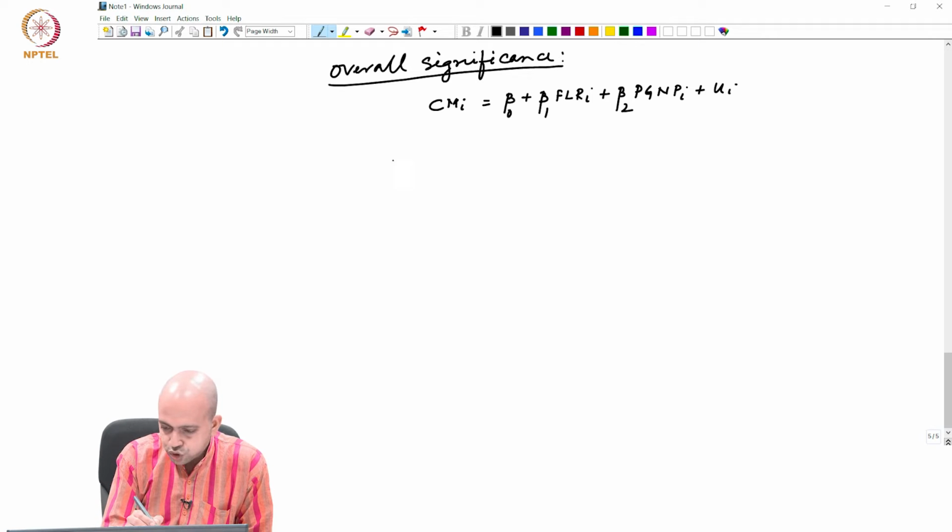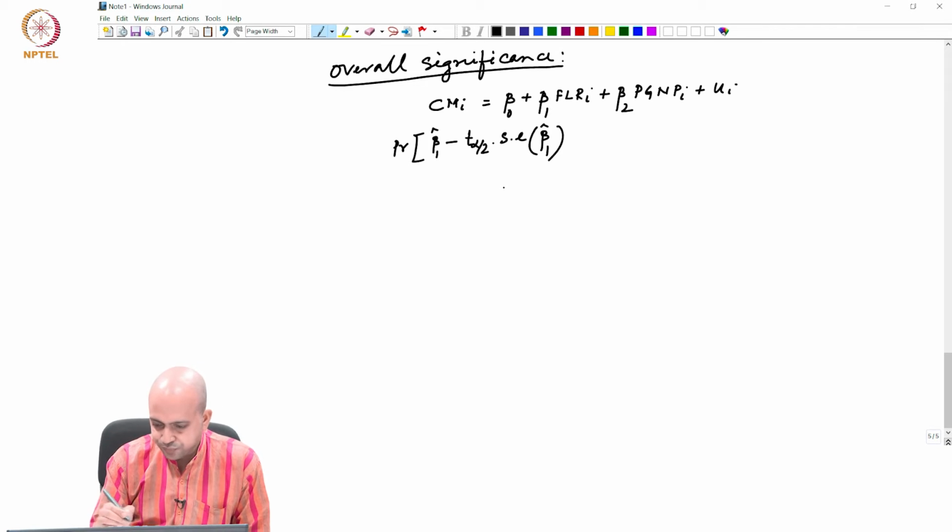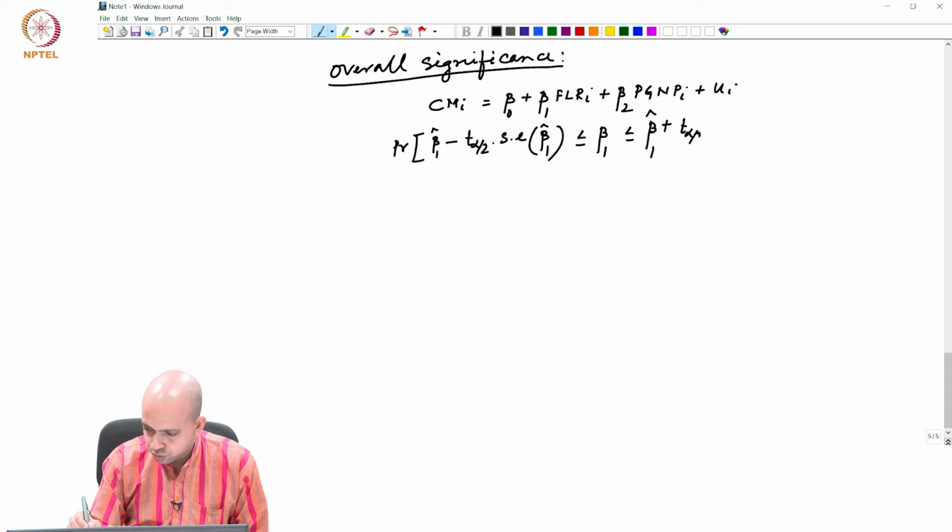Following the confidence interval approach, we construct an interval and say that the probability of beta 1 hat minus t alpha by 2 into standard error of beta 1 hat, less than or equal to beta 1, less than or equal to beta 1 hat plus t alpha by 2 into standard error of beta 1 hat, equals 1 minus alpha.